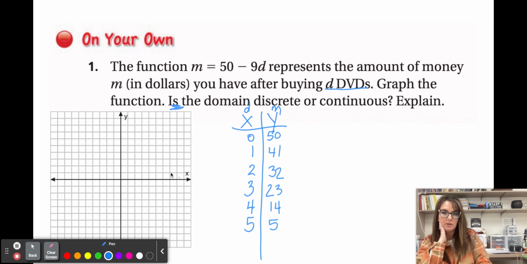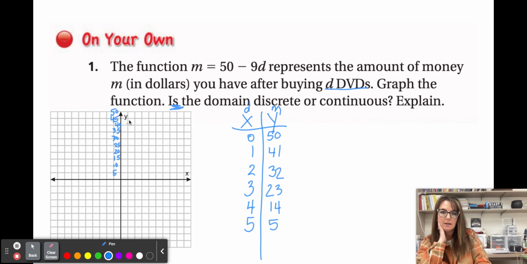Okay, so we could graph this. And I think I'm going to count by 5s here. So we'll say 5, 10, 15, 20, 25, 30, 35, 40, and 45, and 50.